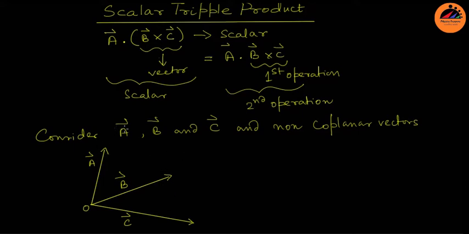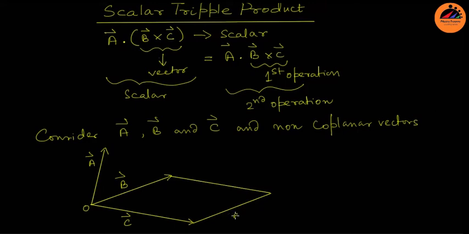So the first operation is B cross C. What is B cross C? You know that it is the area of a parallelogram made by B and C, but it is an area vector. So first construct this. We slide B keeping it parallel to itself, and suppose this is B and this is C, right?